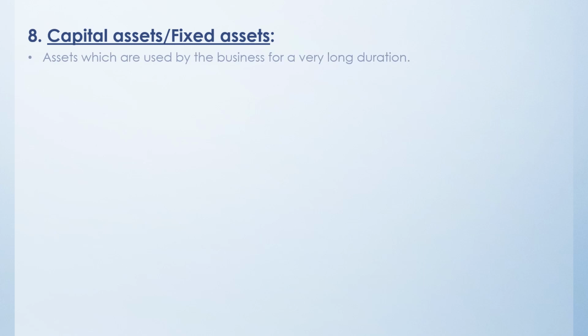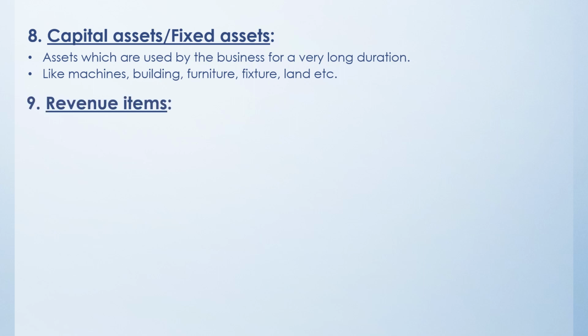Now, capital assets or fixed assets. So these are the assets which are used by the business for a very long durations. These are the fundamental productive purposes of goods or services like machines, building, furniture, fixture, land, etc. They virtually continue to exist in the organization for a very long term.